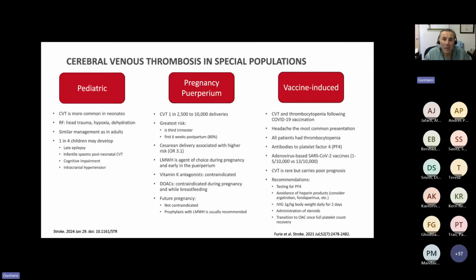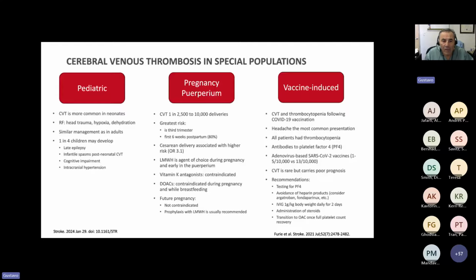Dehydration is one of the concepts that has been more recognized, especially with weather and climate changes: people going hiking at high temperatures and being dehydrated. I have seen a few patients who have no other cause for the cerebral venous thrombosis other than dehydration, perhaps predisposed by other transient factors.